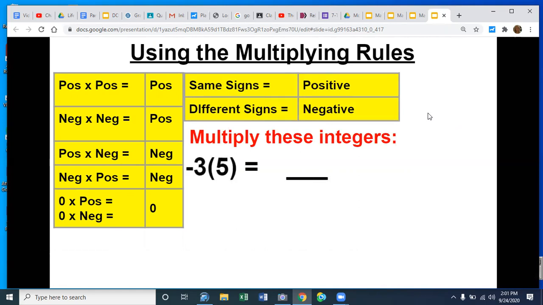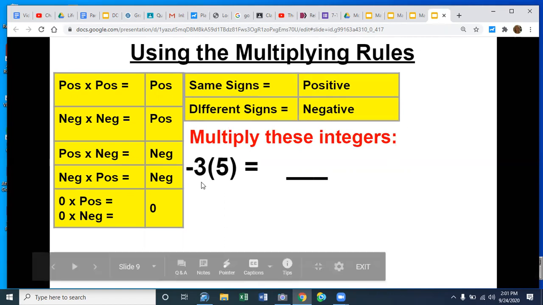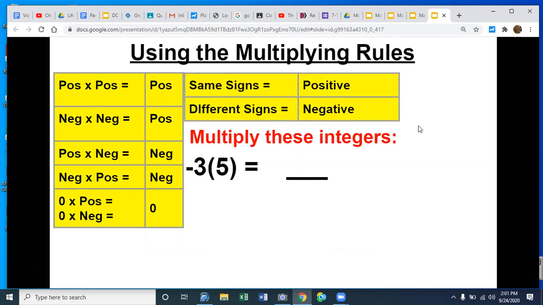Negative 3 times positive 5. By the way, that means multiplying when you see a number next to another number in parentheses. As you get into higher math, you're going to stop seeing the multiplication sign between numbers. Another way people show it is to put a dot in between.